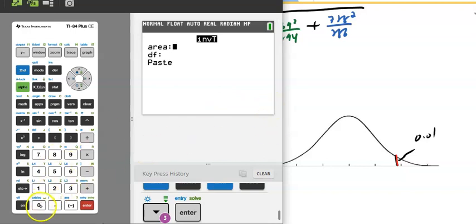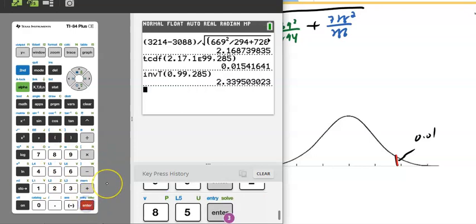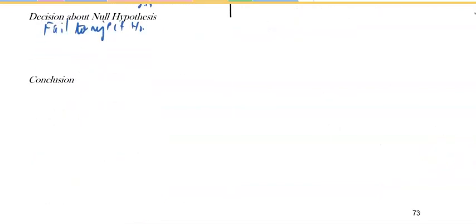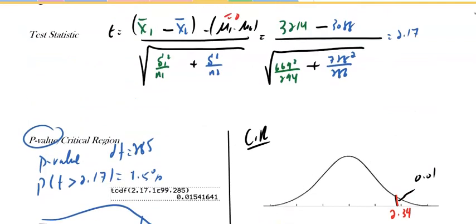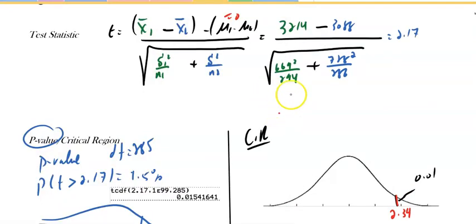If the top is 1%, then the bottom is 99%. We're going to use degrees of freedom of 85, again the smaller one of those. And the table says 2.34, right?